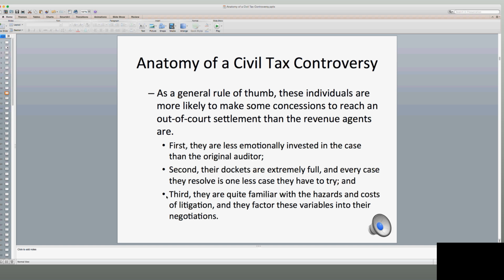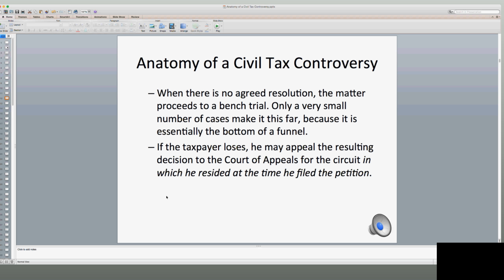So that could actually be the decisive factor in resolving the case: knowledge on the part of the IRS Chief Counsel attorney that they have a weaker position than the taxpayer.